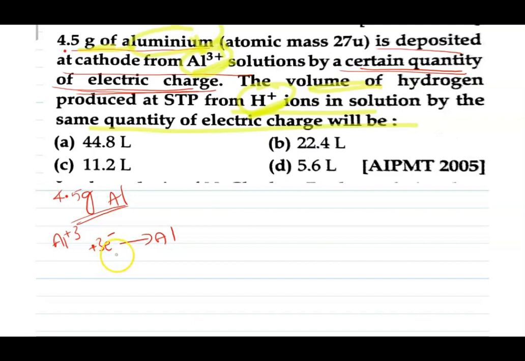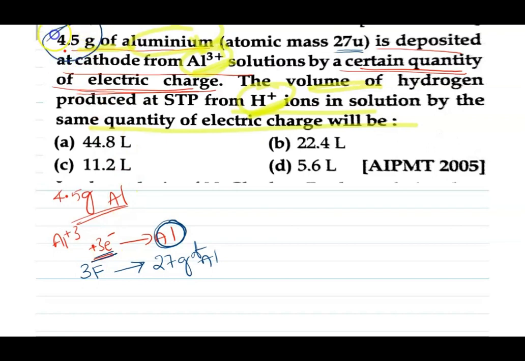Electrical charge you can get from the number of electrons. Here the number of electrons is 3. So how many Faradays are required? 3 Faradays are required to form exactly the atomic mass of this element. The atomic mass is given as 27 grams. To form 27 grams of aluminium, we need 3 Faradays.